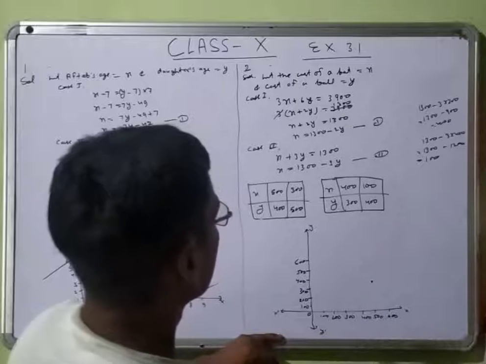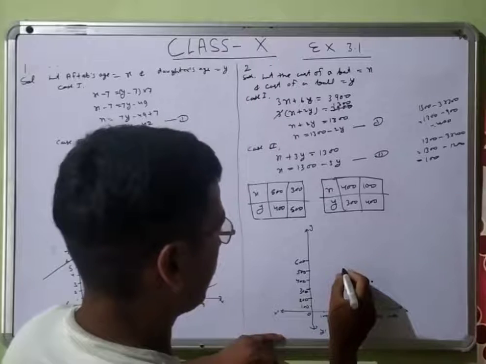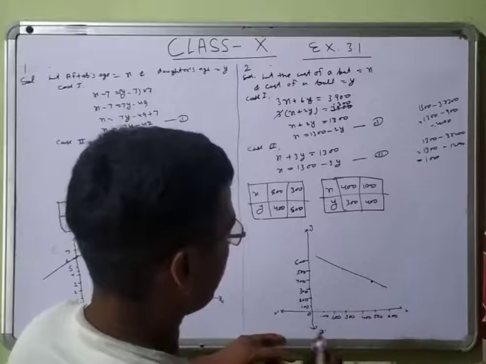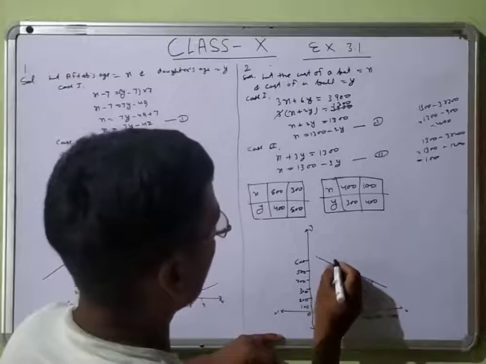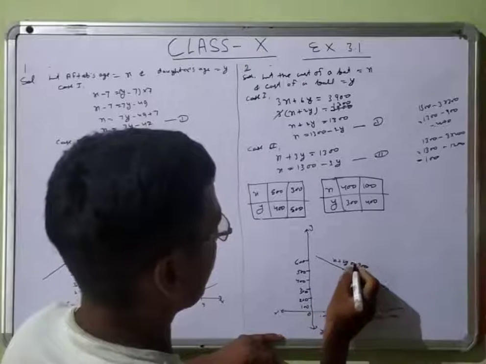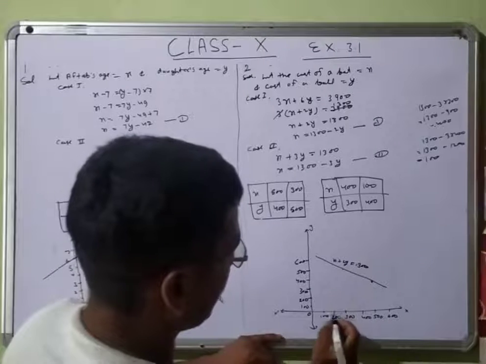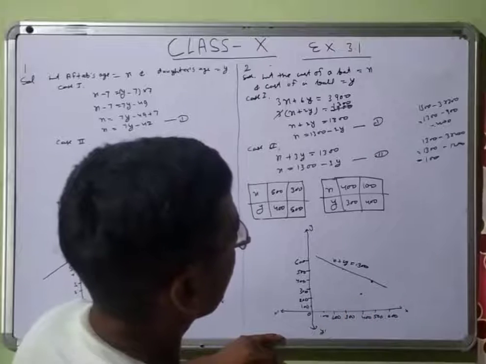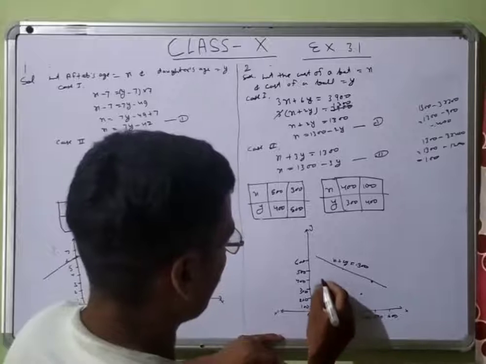Next 300, 500, 300 and 500. That equation is x plus 2y is equal to 1300. And then for the second equation, 400, 300, 400 and then 300 and then 100, 400, 100.